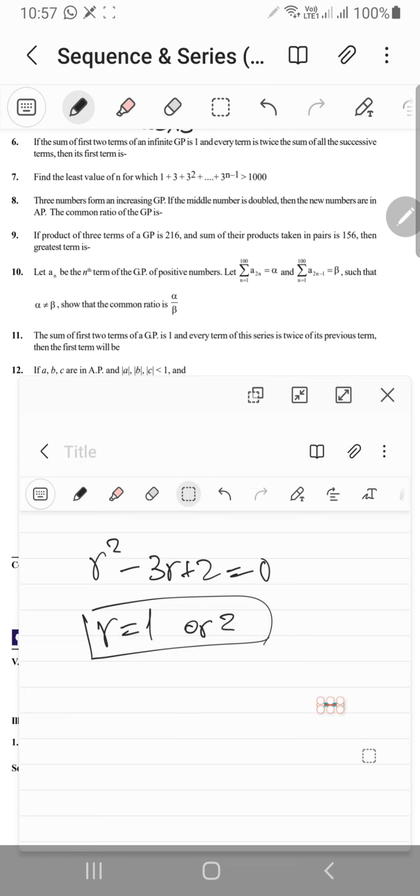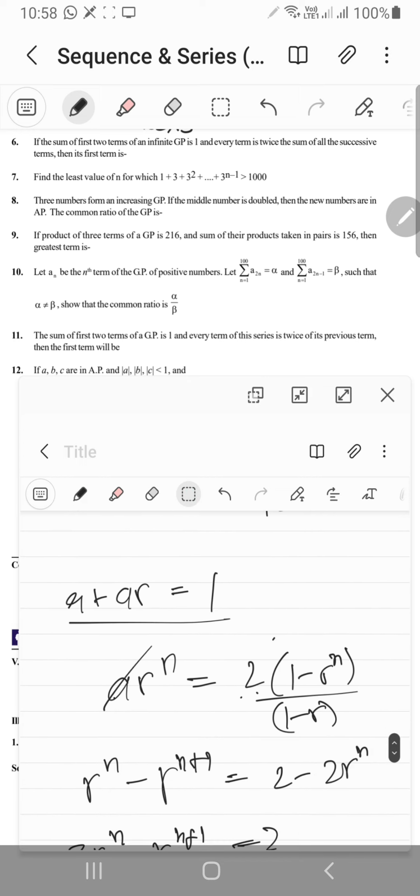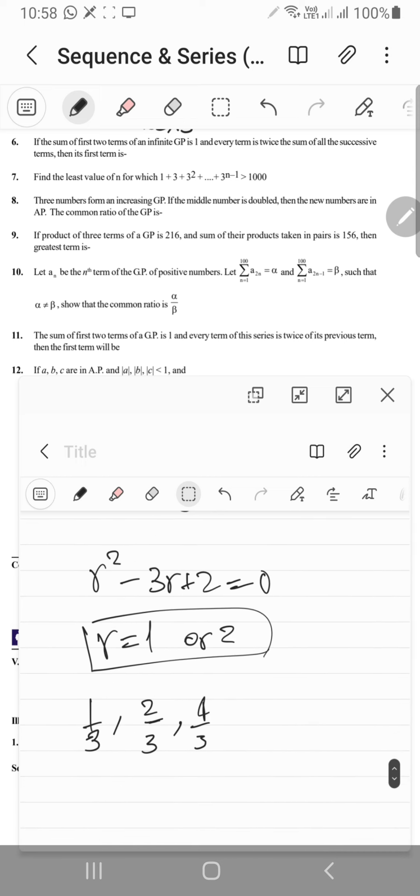It's not an AP, it's a ratio. So it's 1/3, and then 2/3, and then 4/3. But this doesn't make sense because something's not correct about this. This just cannot be. How can this be?